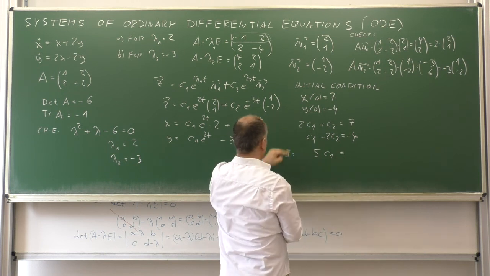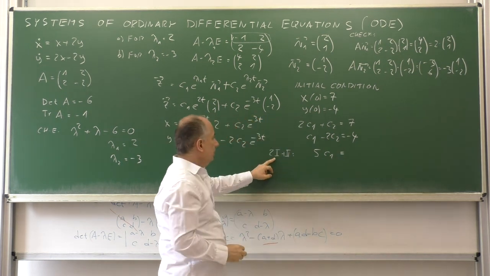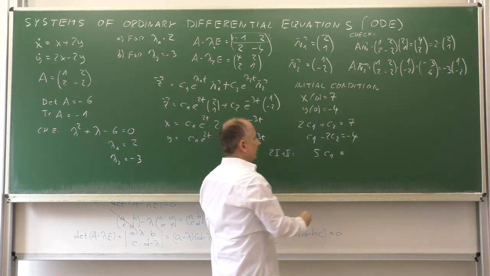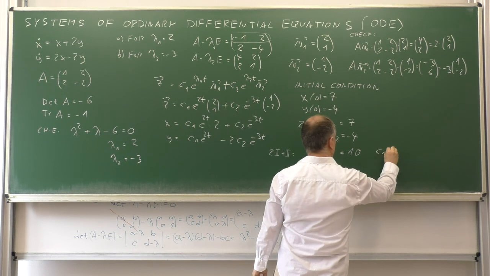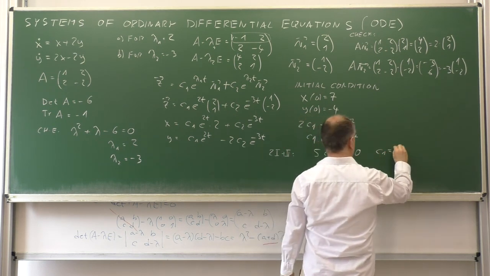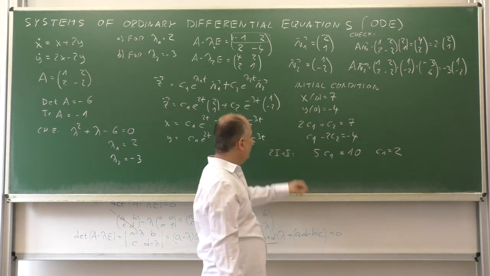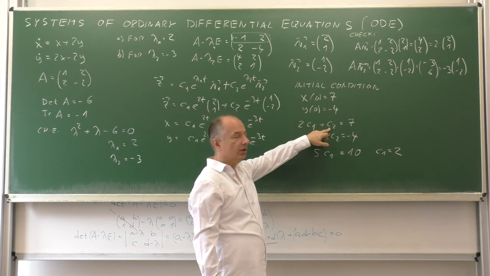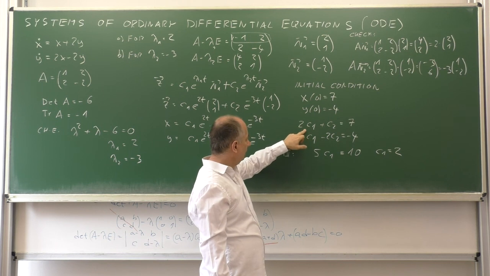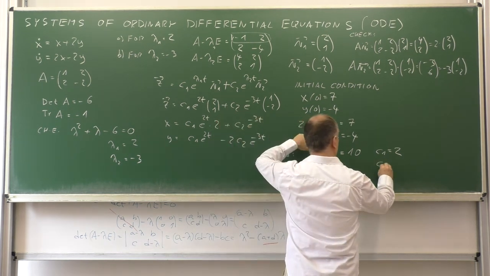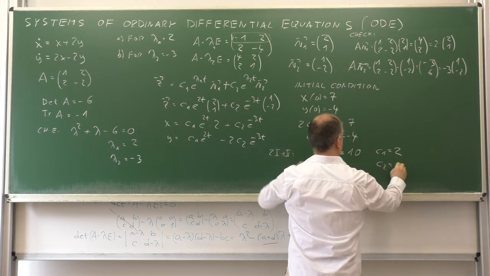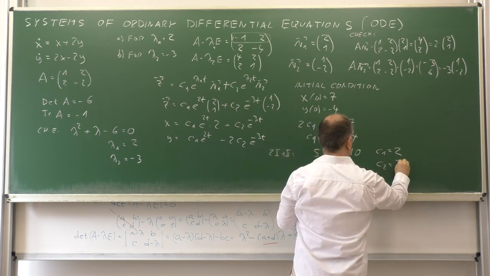And on the right we have 2 times 7 is 14, minus 4 is 10. That means C1 is 2. And when we have C1, we can express C2, say from the first equation, because then 2C1 is 4, and C2 is 7 minus 4, which is 3.